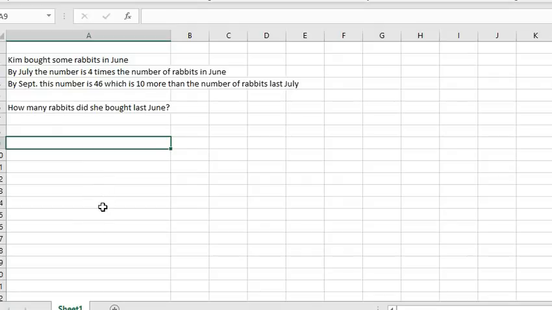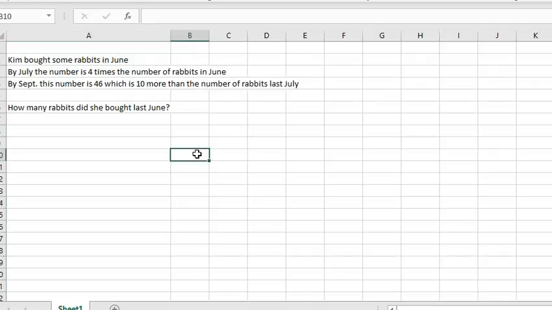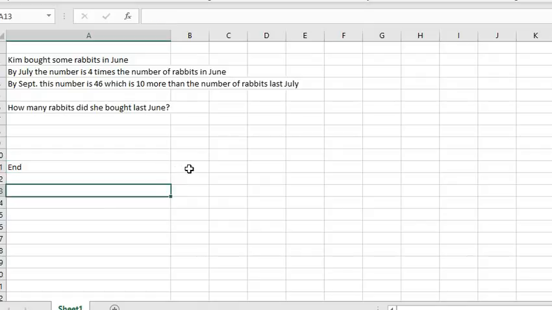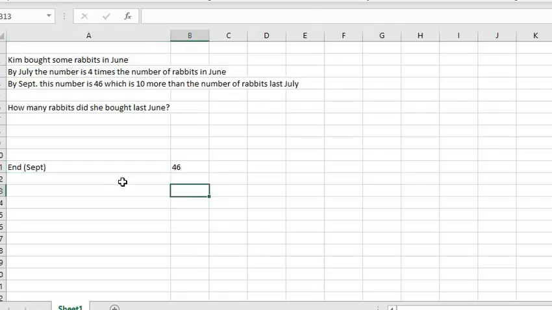And again, we are going to work backwards, right? So let's try to write the end here. And how many rabbits did she have at the end? Well, the end, which means September, she had 46, right?